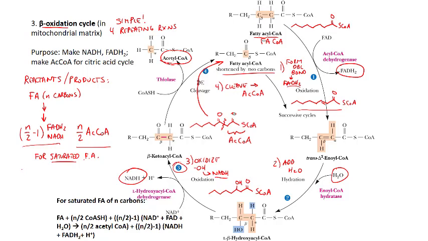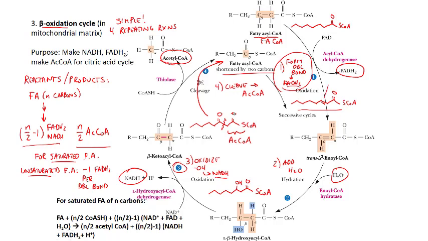All right, for an unsaturated fatty acid, you subtract 1 FADH2 per double bond. And the reason for that is because of reaction 1. Remember, reaction 1 is the one where we form a double bond and get an FADH2 in the process.